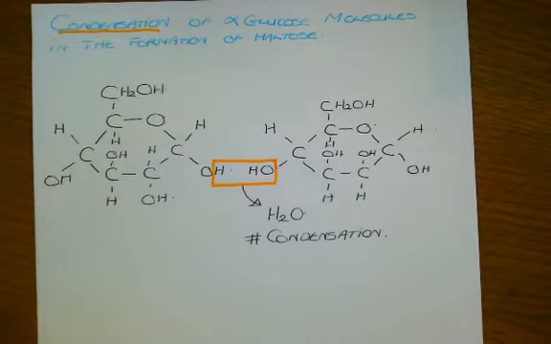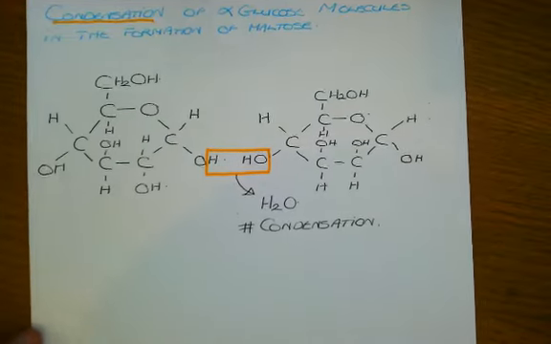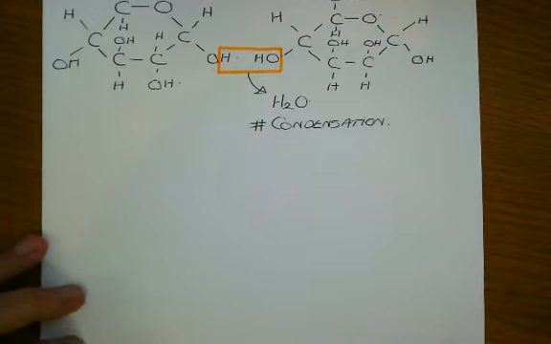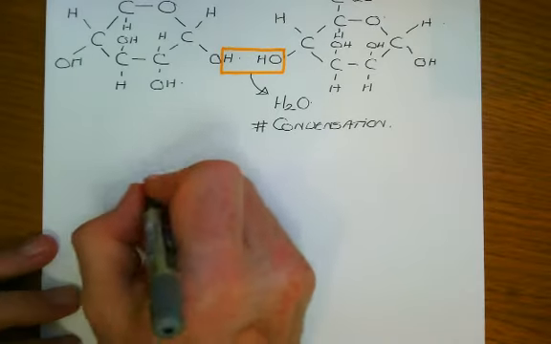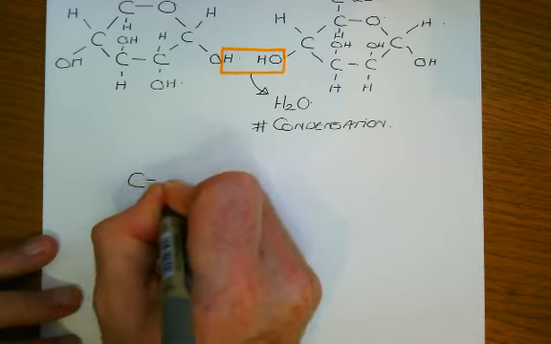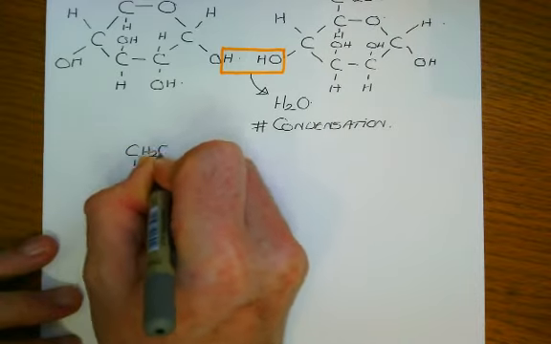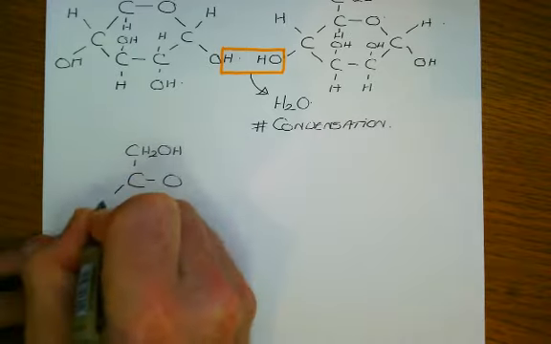So there's the H2O produced via condensation. The resultant molecule then will be a molecule of maltose.